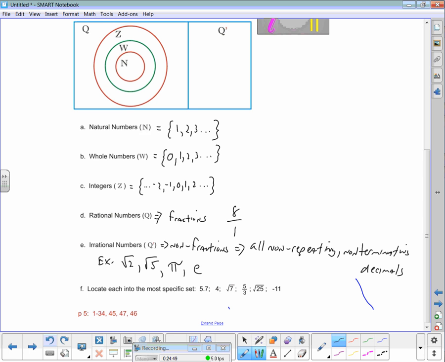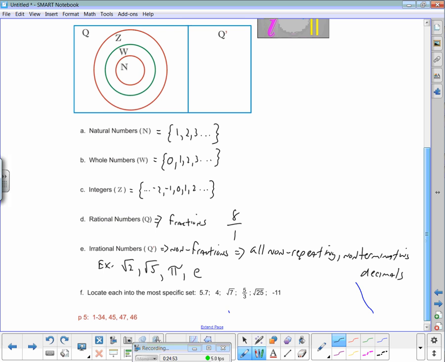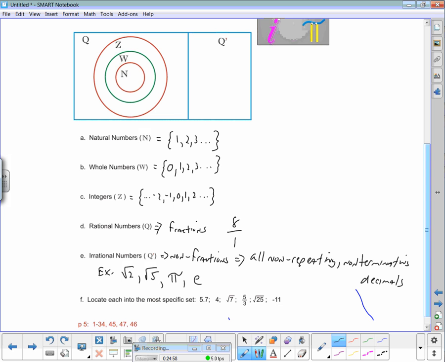Okay? All right, let's go through now. We want to locate each into the most specific set. Last thing we'll do today. So where do you stick a 5.7? All right, it's definitely not irrational because it terminates.